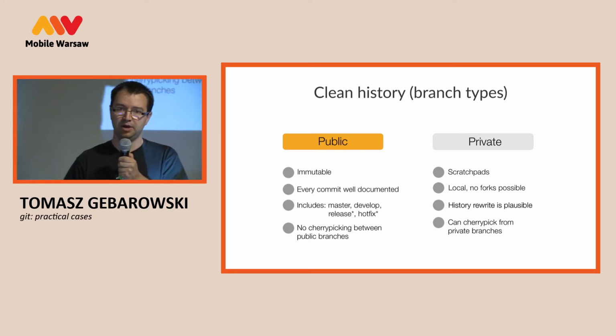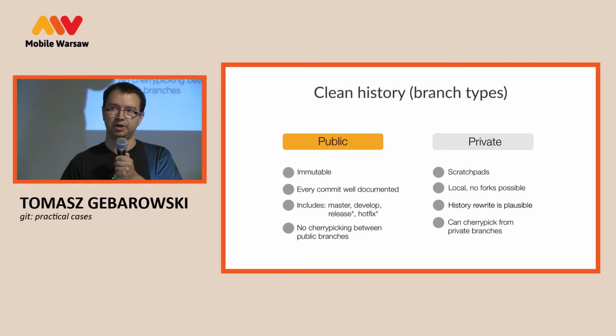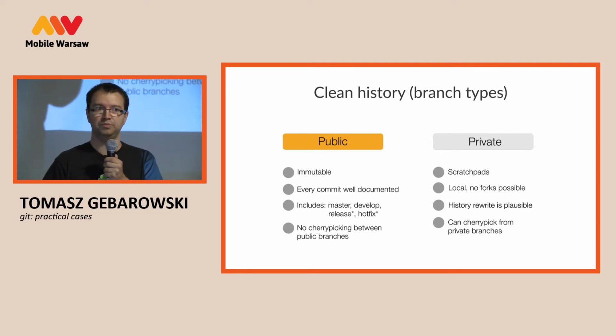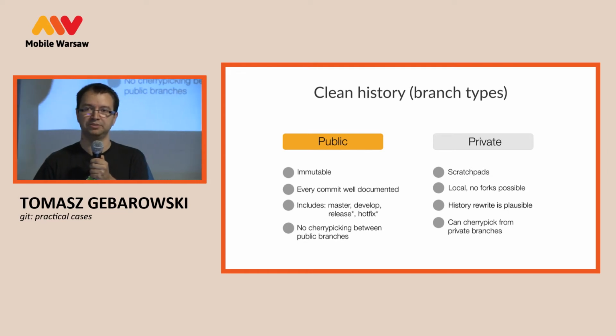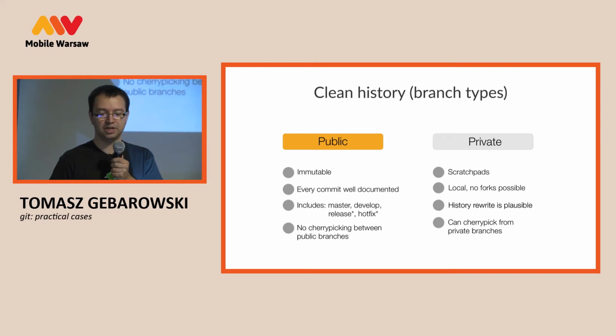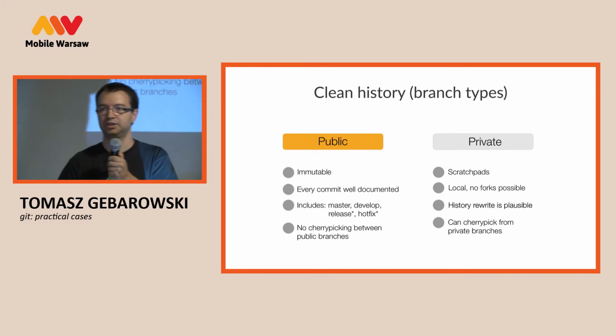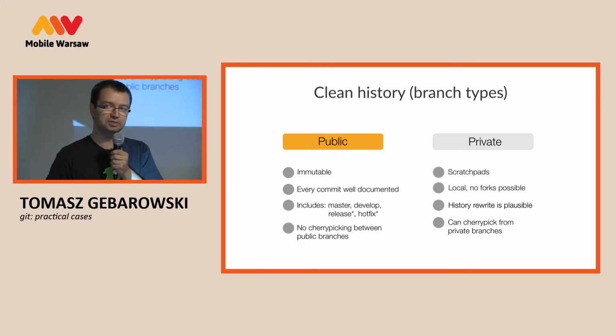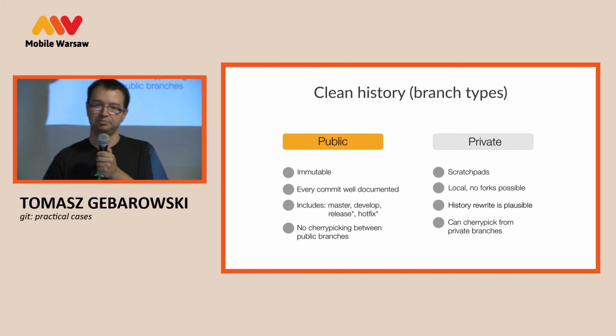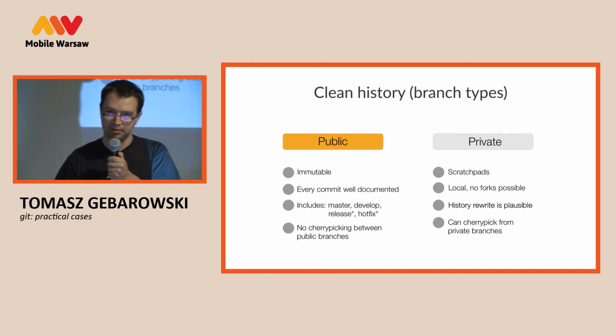First of all, we are distinguishing two types of branches. We have public branches, which are supposed to be immutable, where we can't rewrite history. Those are the branches that, according to Git flow, can be master, develop, some kind of release branches, some hotfix branches probably.